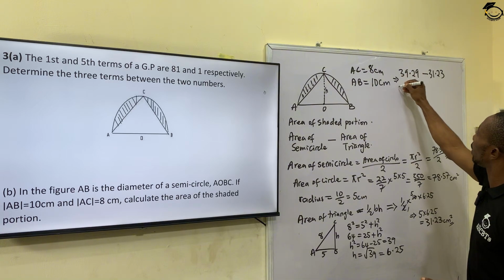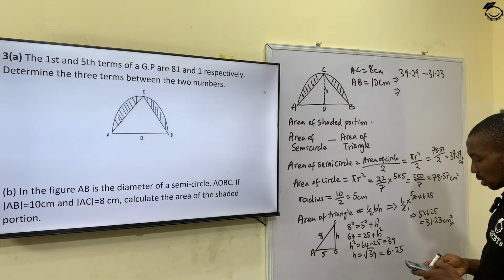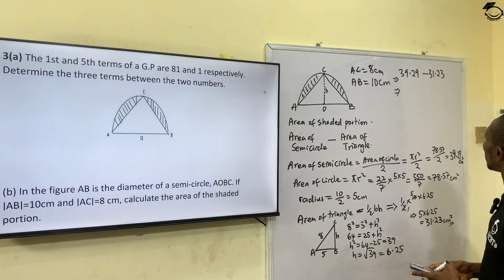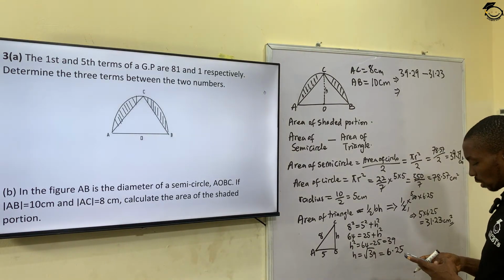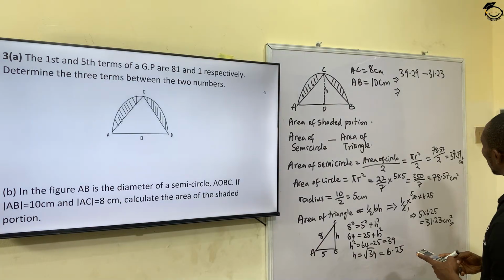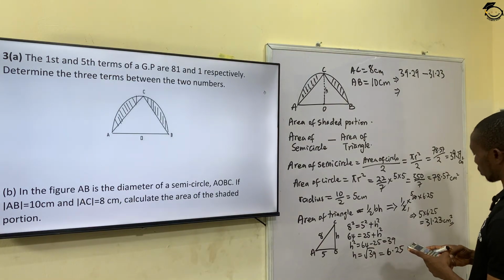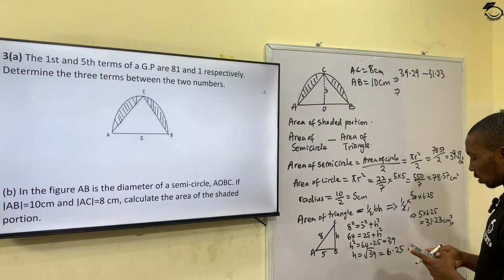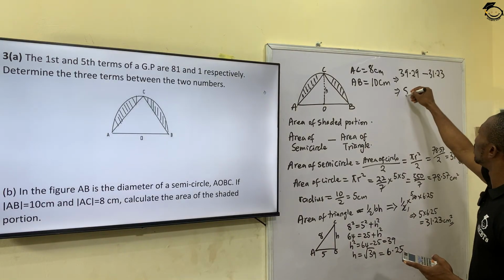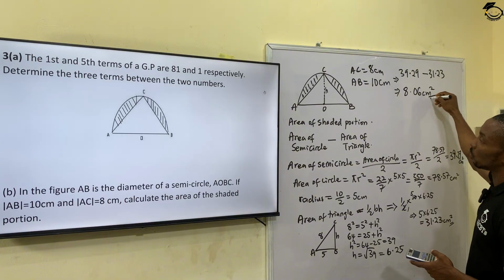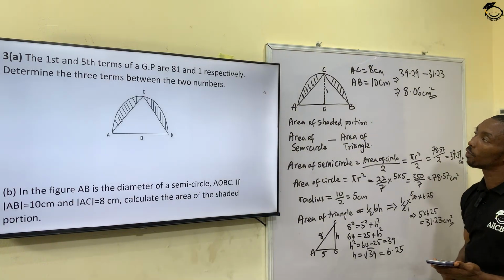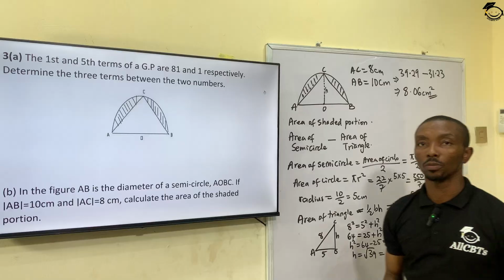So our area here will be 8.06 centimeter square, which forms the area of the shaded portion.